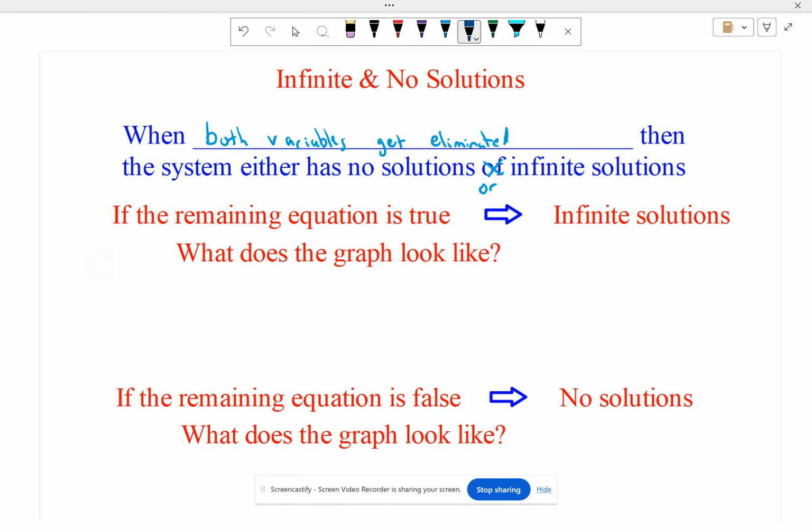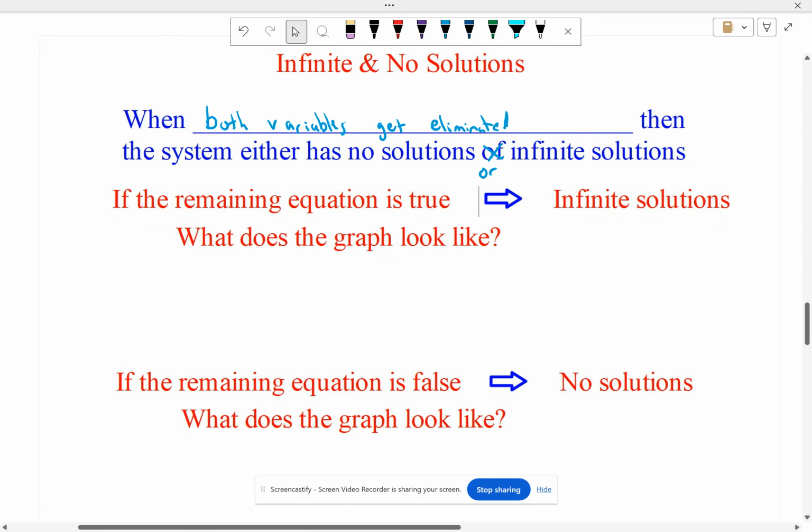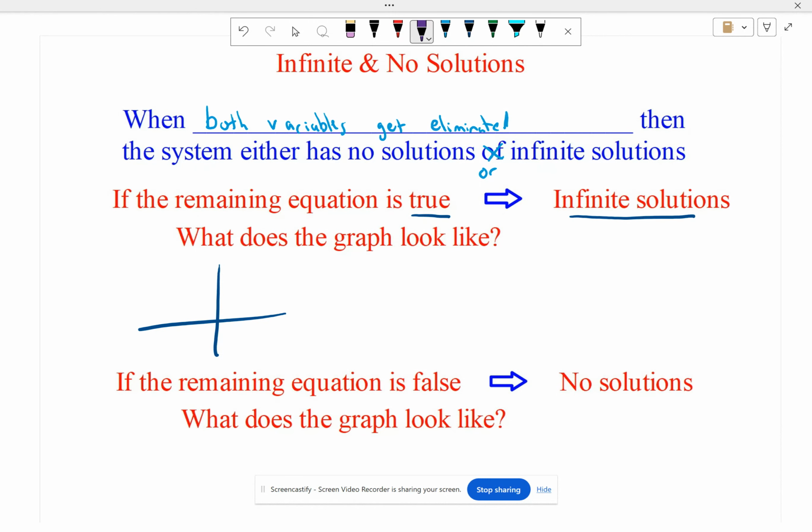So if you get a situation where the remaining equation is true, then there's infinite solutions. Graphically, if we were to graph one line, suppose one equation looked like that. For a system to have infinite solutions, then the other equation is just going to be right on top of it. They're going to be the same line. So graphically, that's what it looks like. It says if the remaining equation is true, there's infinite solutions.